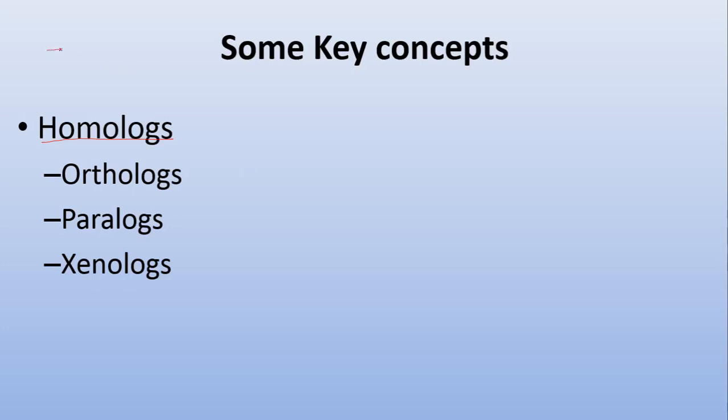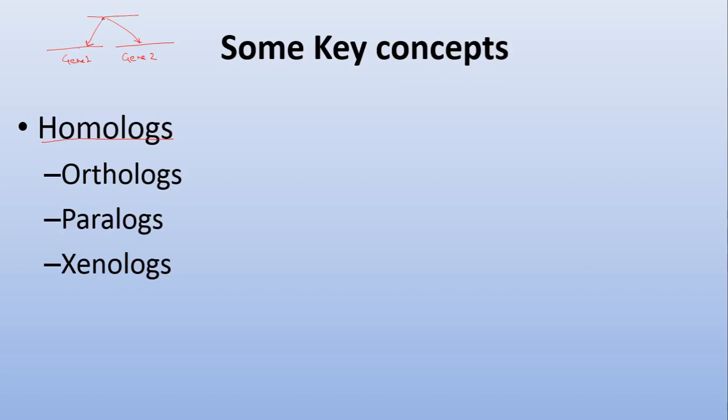Say we have gene 1 and another gene 2, and if gene 1 and gene 2 share a common ancestry, that is, they are derived from a common ancestor, then we say that gene 1 is homologous to gene 2. You cannot call any two sequences homologous to each other unless they have a common ancestor.